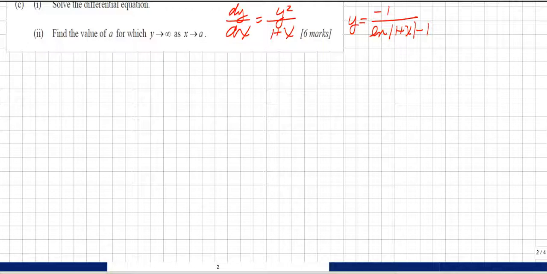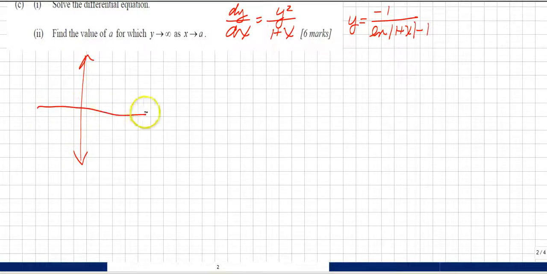Sounds a little confusing, but if you think about that graphically, when does y approach infinity? Well, let's take a look at a little graph. Here are my axes drawn real neatly, as you can tell. When does it approach infinity in the y direction? Well, that happens when you have an asymptote at x equals some value.